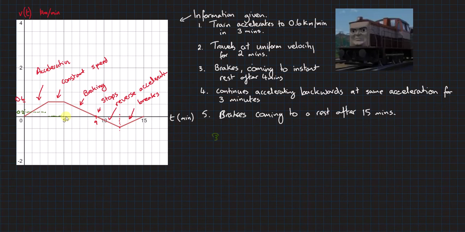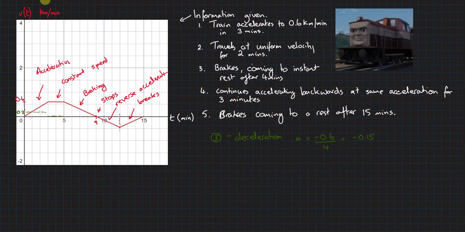So phase 3, deceleration or braking. So the acceleration is minus 0.6 in 4 minutes, which is minus 0.15. It continues doing that until it gets to this speed down here.